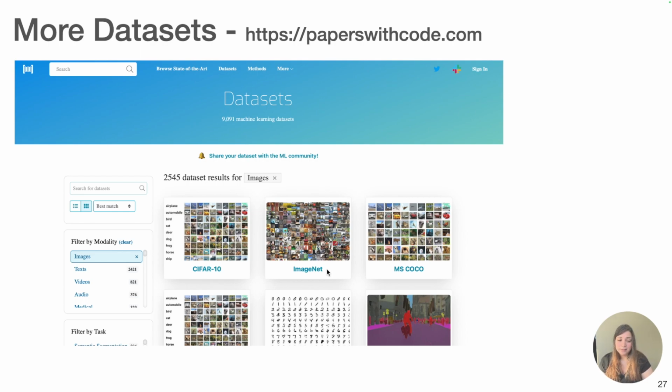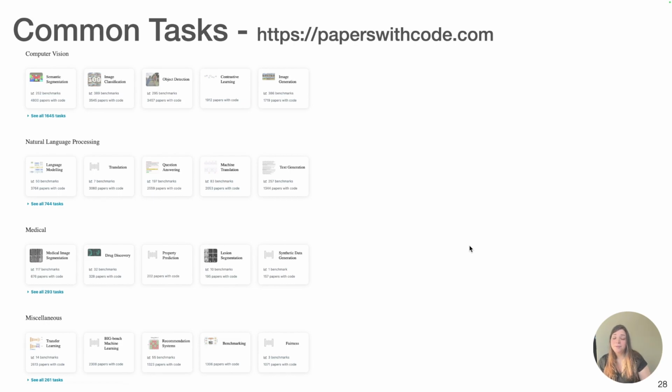And there are many more: object detection, lots of others, and also textual data and so on. On the same website there are also many different tasks, and it shows you the state of the art of published papers that work on the specific task you might care about. So something you might check out.